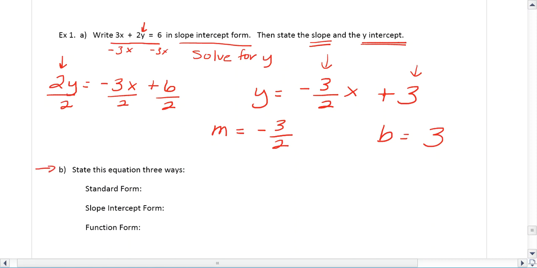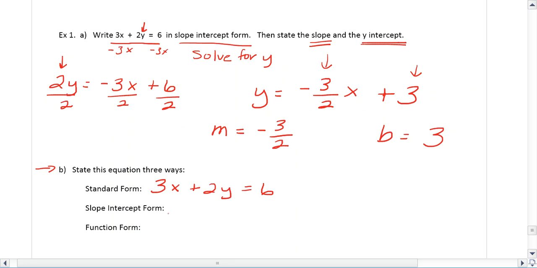The next thing we're asked here in part B is to work with that equation and state that same line 3 different ways. Well, the standard form is easy because that's what we were given at the beginning of this problem. So I'm just going to rewrite the standard form so we can compare it.